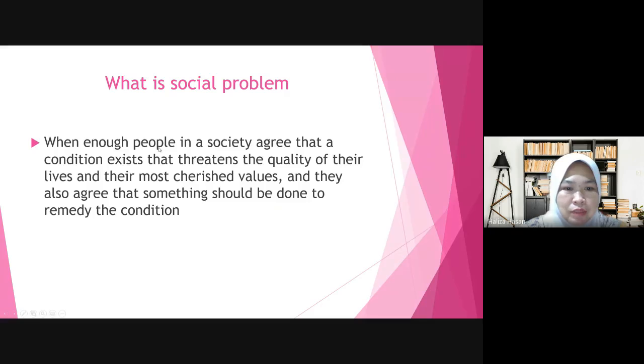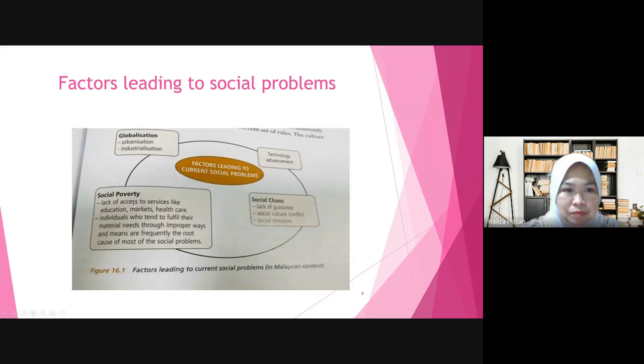And when enough people in a society agree that a condition exists that threatens the quality of their life and their most cherished values, and they also agree that something should be done to remedy the condition. So with this definition, when someone or the community feels threatened by someone or any group of people, something should be done to solve the problem. Okay.